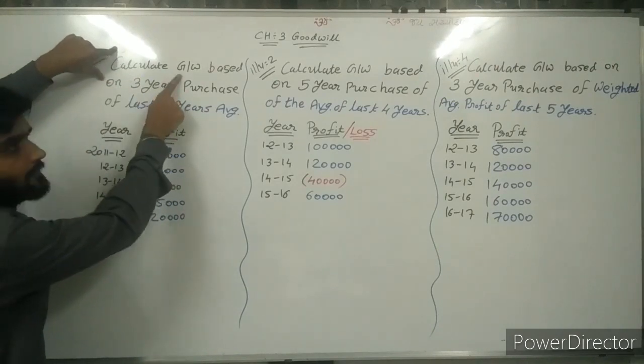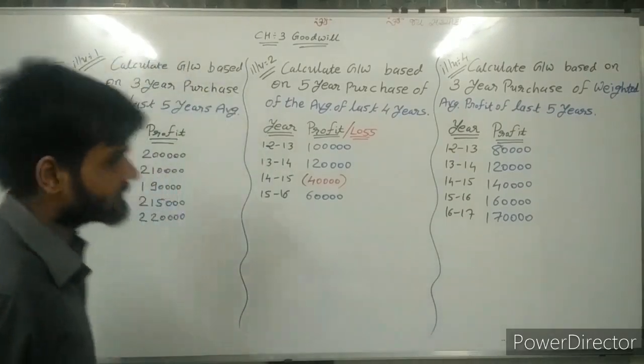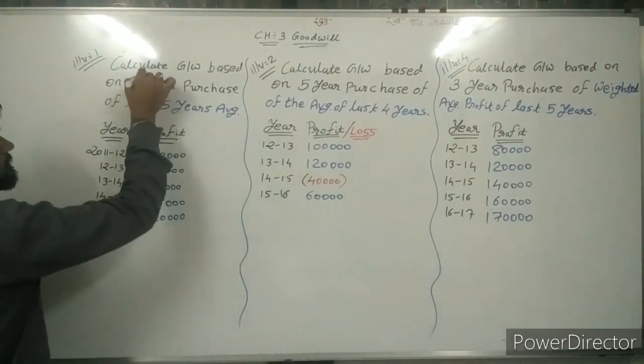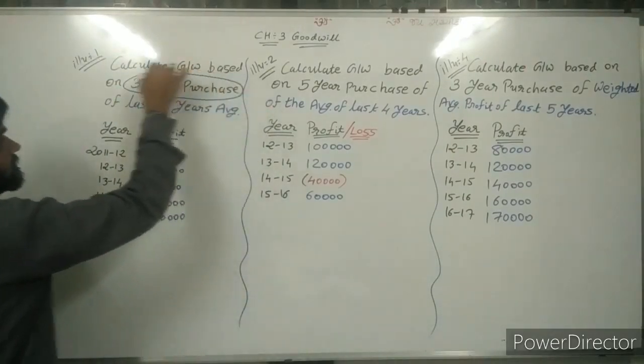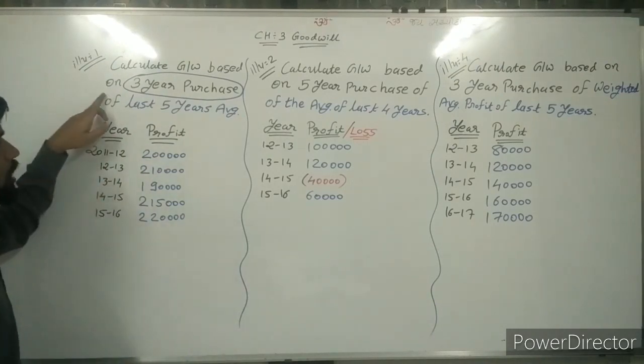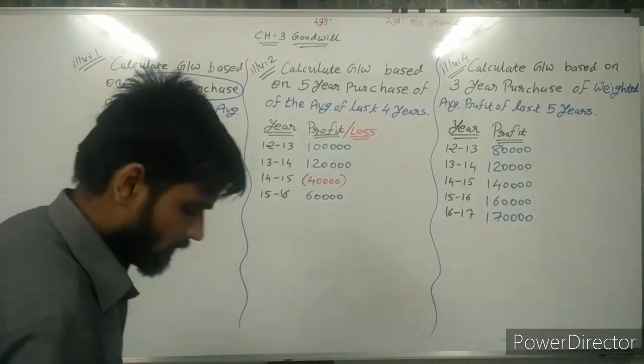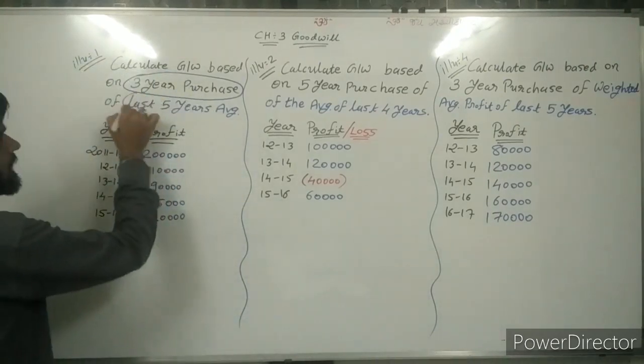Calculate goodwill based on 3-year purchase of the last 5-year average.